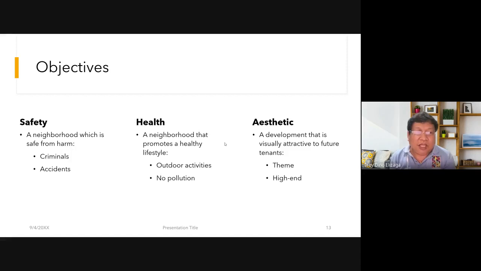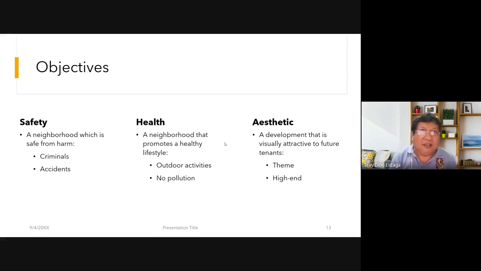Okay, so when it comes to safety, the objective is to create a neighborhood which is safe from harm. And we can now sort of qualify what that harm means. Some of you mentioned criminals, and there were also mentions of accidents.